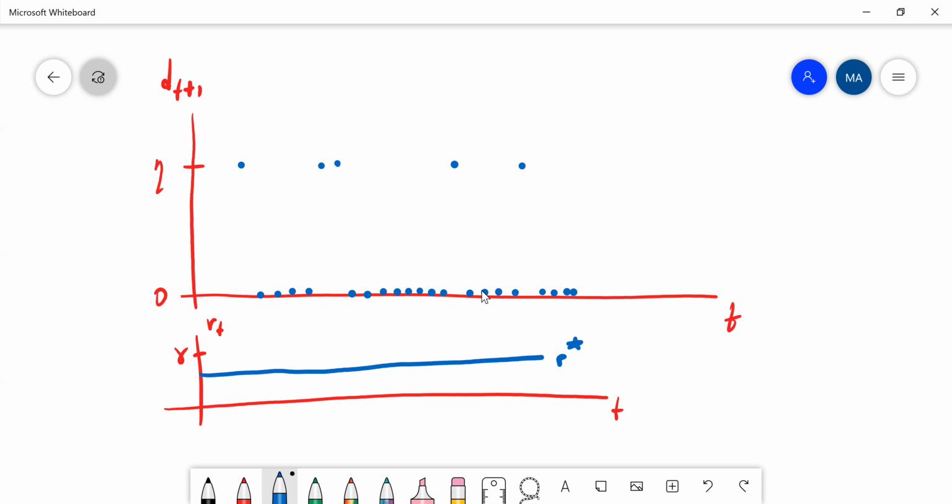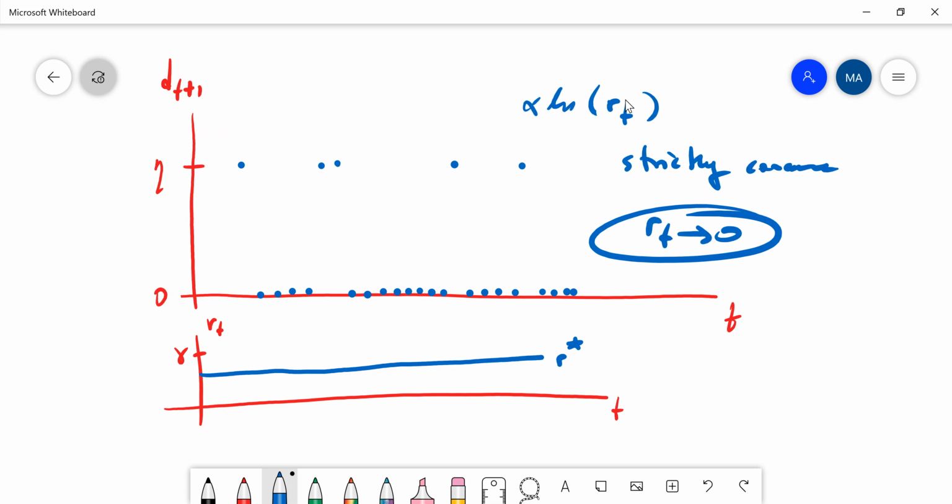So then we have the solution. Okay, and how do I know that there's only one path? Because I know that my reward function is strictly concave, right? Because there's this alpha ln RT term. So since this is in the reward, this is strictly concave, and this is never optimal. You also understand that, right? This is never optimal.